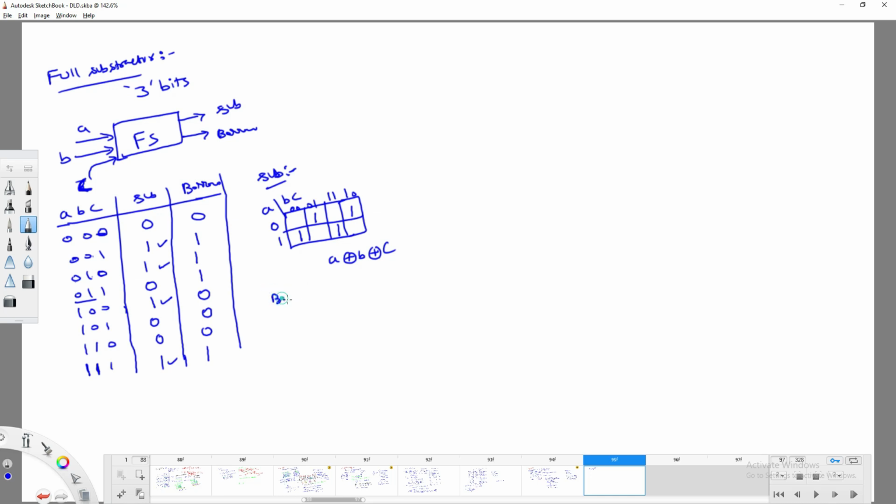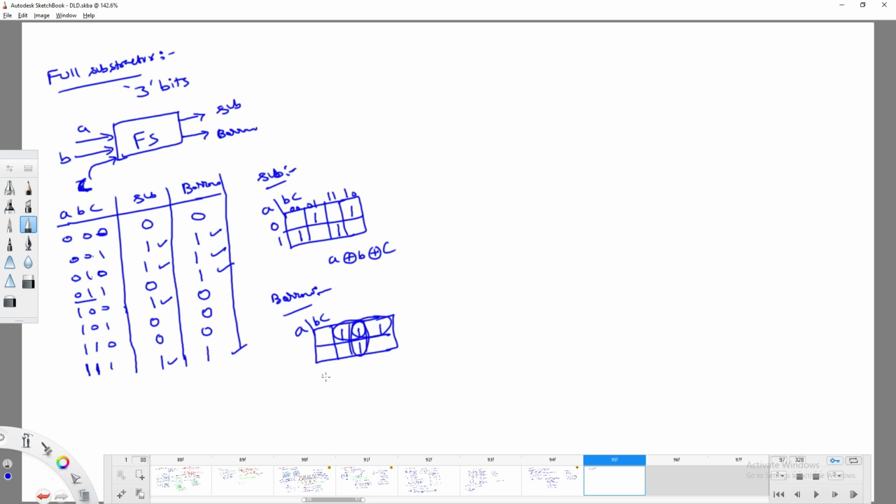Similarly, if you are trying to construct it for borrow, you are going to have A B C. You are going to get the values 1, 2, 3 and 7, right? So you can do this one, right?